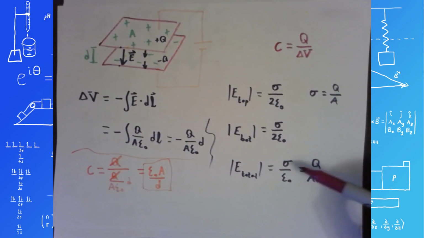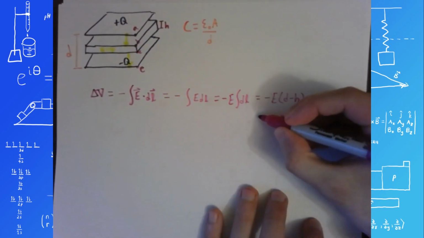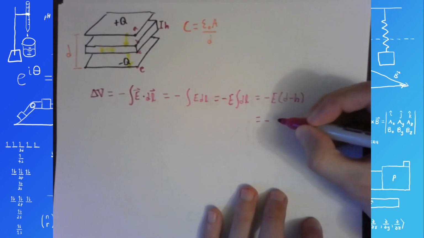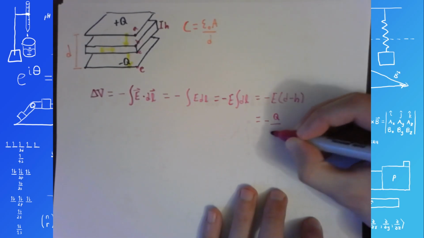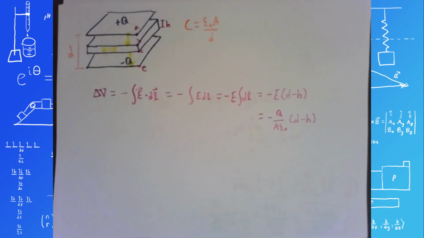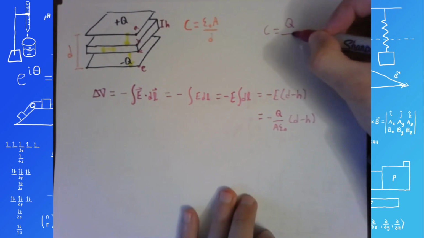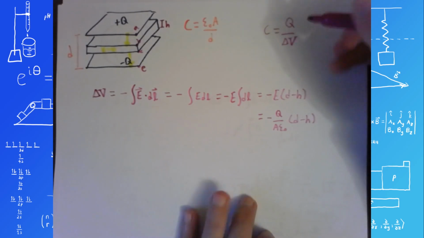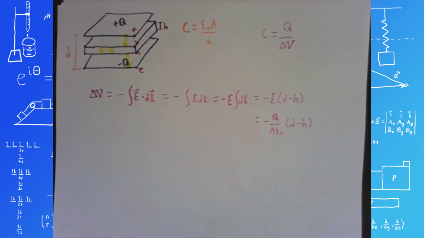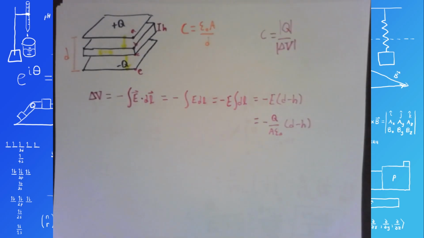E total was just sigma over epsilon naught, which is Q over A epsilon naught, times D minus H. And finally, we just go back to the definition of capacitance. I'll use absolute values here just to make that extra clear.